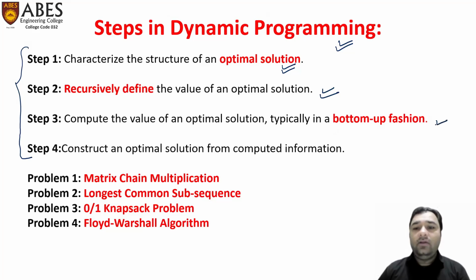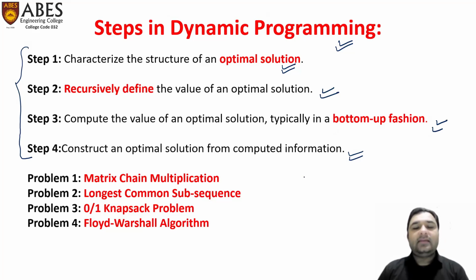Compute the value of an optimal solution in a bottom-up fashion, whereas in divide and conquer, we are solving it in a top-down fashion. And construct an optimal solution from the computed information. Right. So these four basic steps must be taken into consideration while solving any dynamic programming problem.